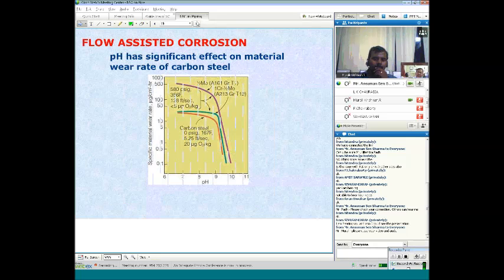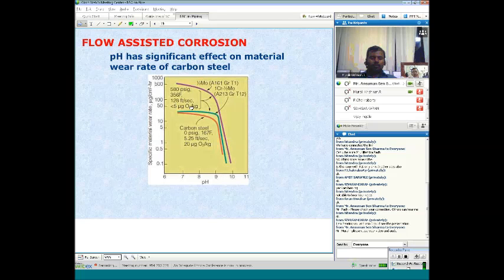Effect of pH. This is very important because primarily the FAC is controlled by the feed water chemistry, right? You don't just change the metallurgy from carbon to P11 or P22 just like that because it's very costly, right? So primarily the FAC is controlled by changing the feed water chemistry, and it is seen that pH has a significant effect. If you see here, when the pH is in the range of around 9 or more than 9, the FAC rate is coming down quite significantly.